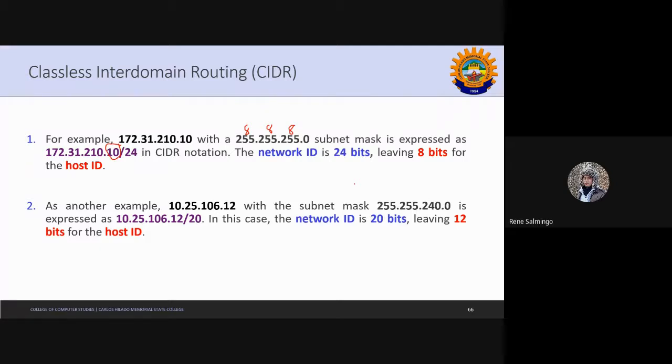Now, for example, we have a different IP address with a subnet mask of this one. And how do we know that we have 20 bits? First, in order for us to know the bits that we have, we need to convert this.